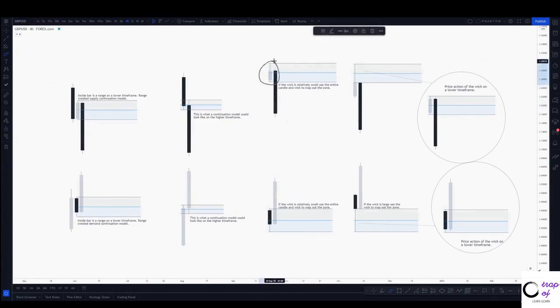Because this candle is relatively small with a large wick, we can map out the entire supply zone using both the candle body and the candle wick. And again, if we're looking at a continuation styled setup, this would be a pivot supply continuation, or this could even be a range created supply zone continuation, or again, it could be a pivot created reversal supply zone, or a pivot range bound created supply zone.